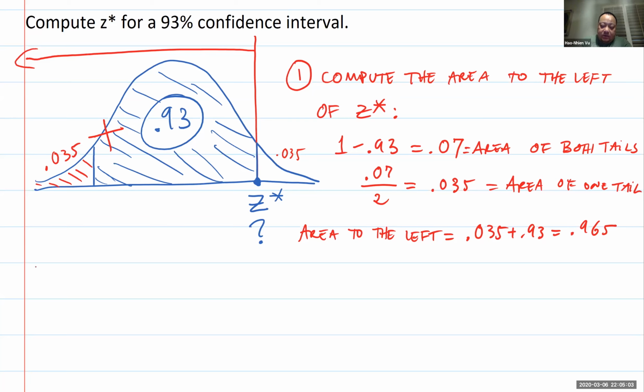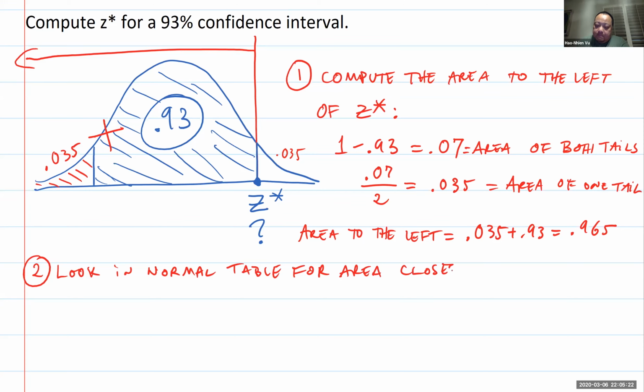So that means I can start looking in the normal table for the area that's closest to my area to the left. All right, so let's go looking for the area 0.965.